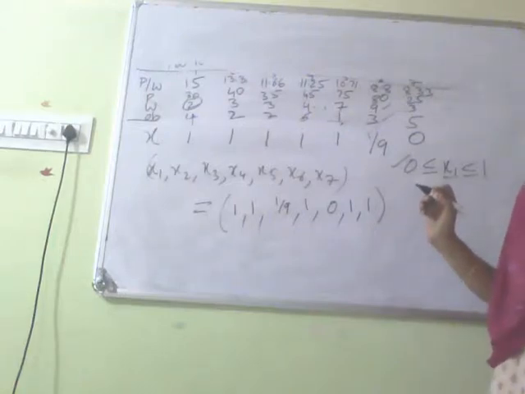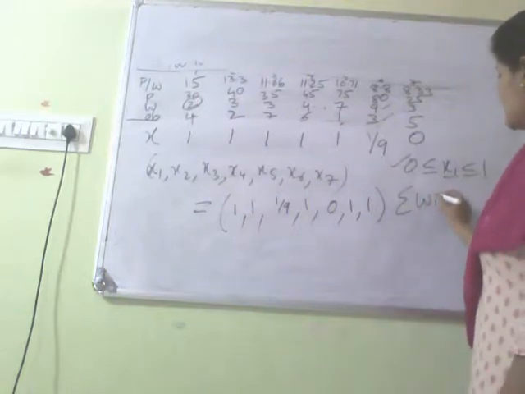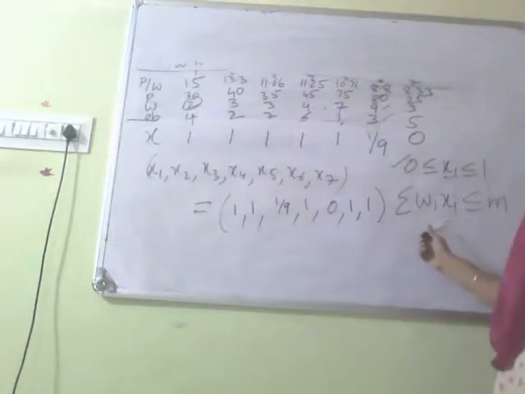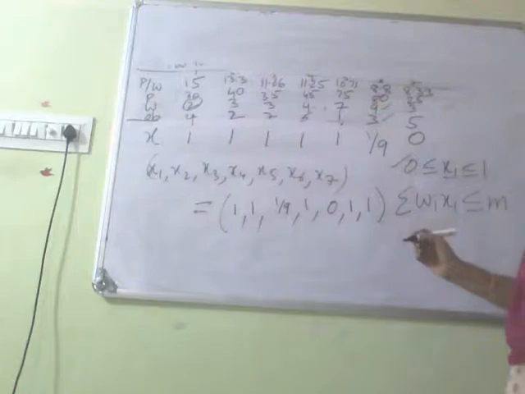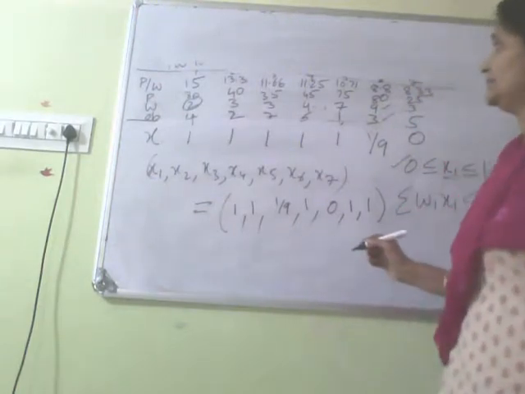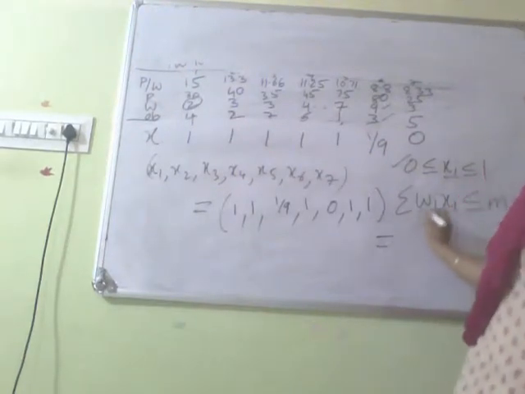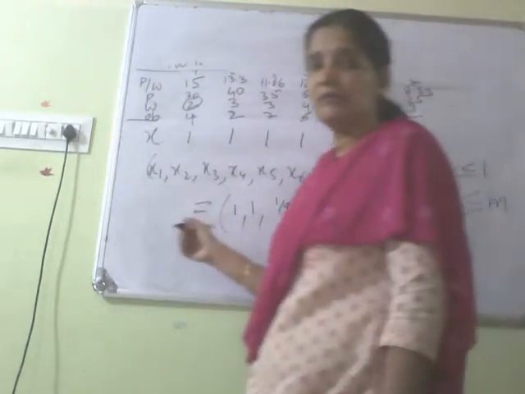Another constraint we have is sigma wi xi should be less than or equal to m. Check it now. Multiply wi and xi and give me the value: W1 x1 plus W2 x2 plus so on.